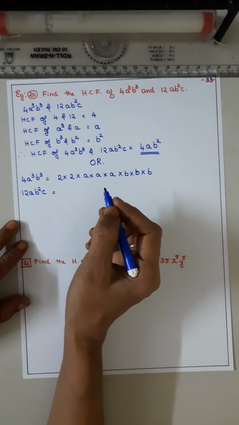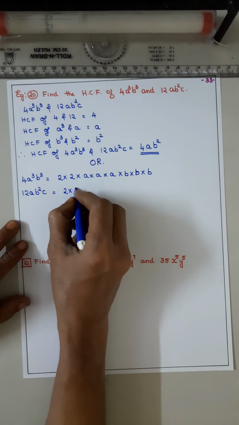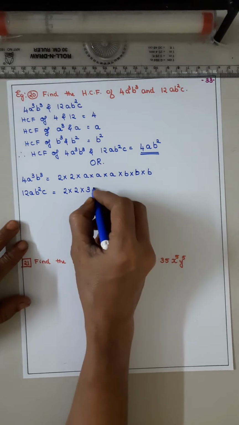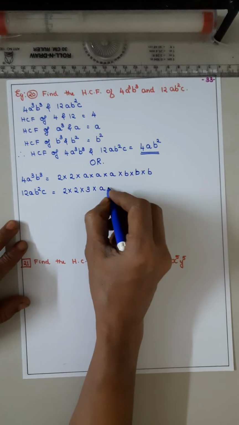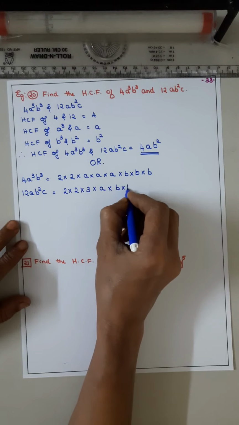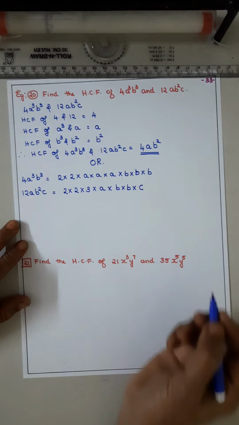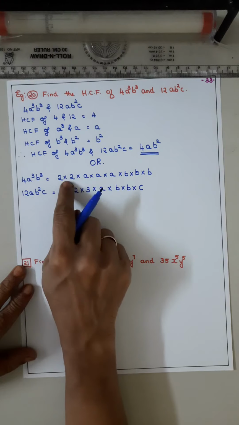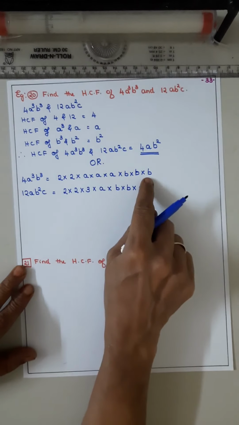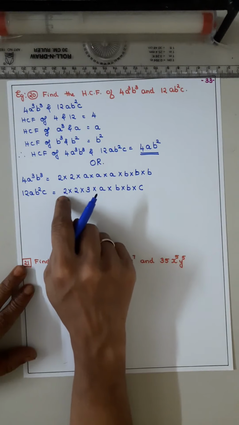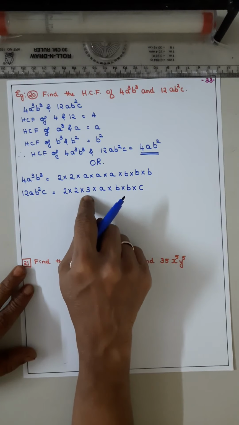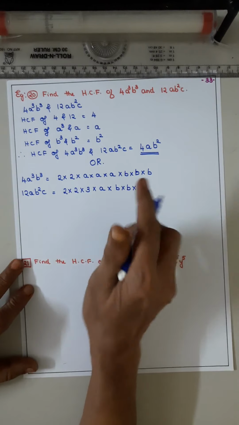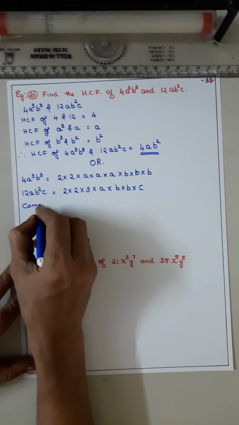So 12 can be written as 2 twos are 4, 4 threes are 12. Now a 1 time, b 2 times and c 1 time. Isn't it? Now common factors.